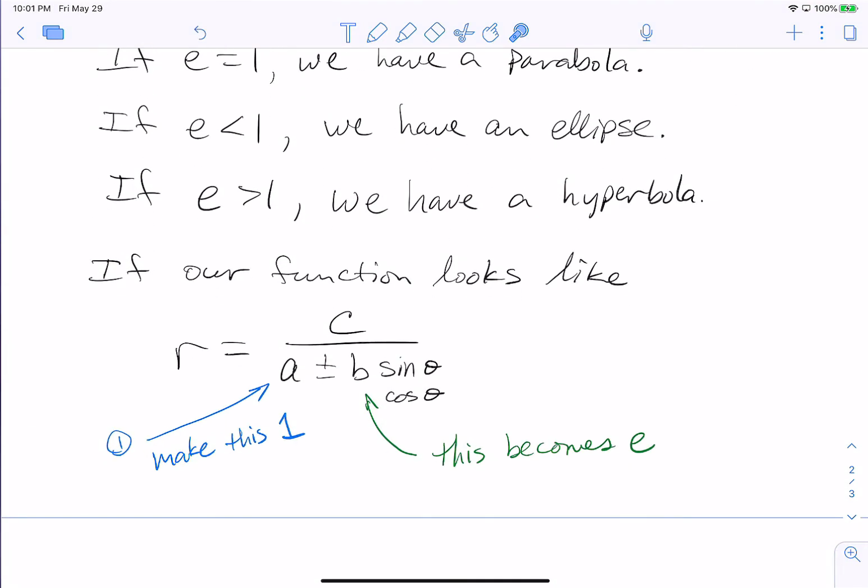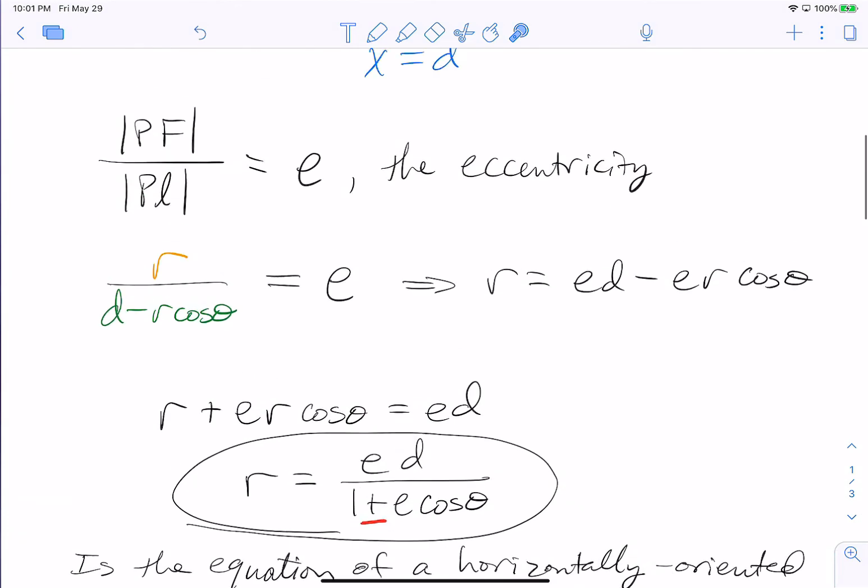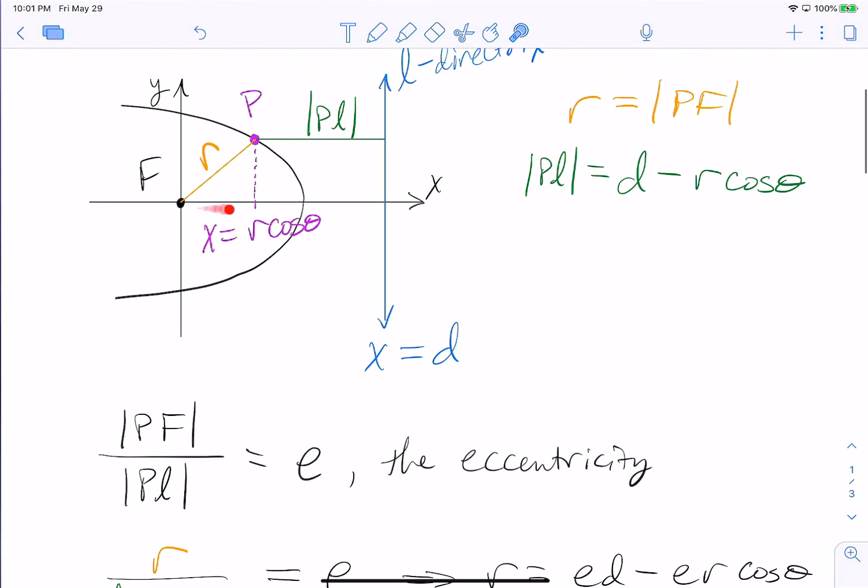The number in the numerator, which I'll call the third step, becomes ed. And if I know what e is, and I know what the number c was when we started, then I know what d is. And if I know what d is, folks, then I know the distance between the focus and the directrix.